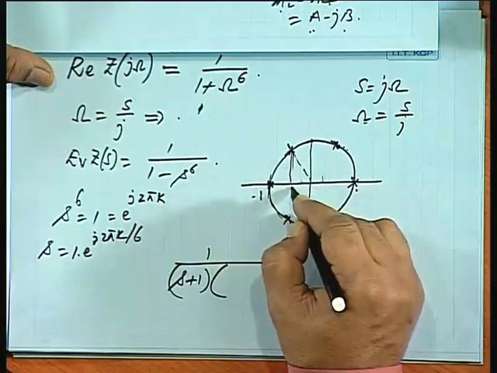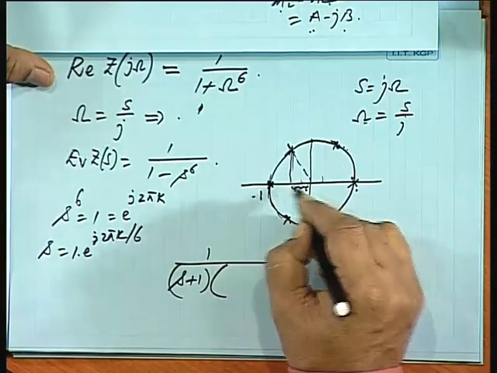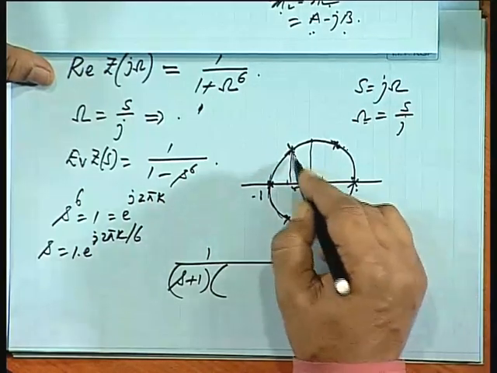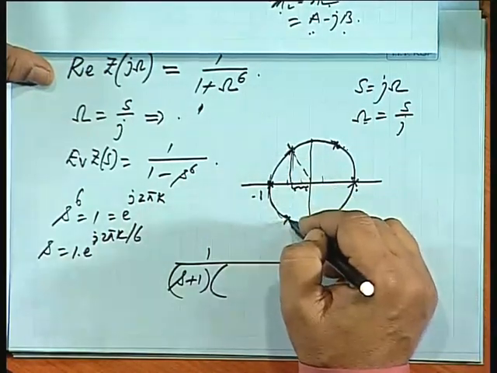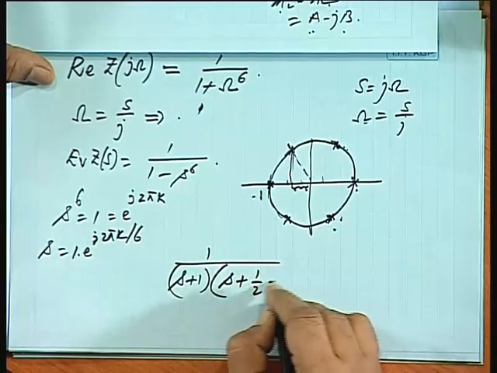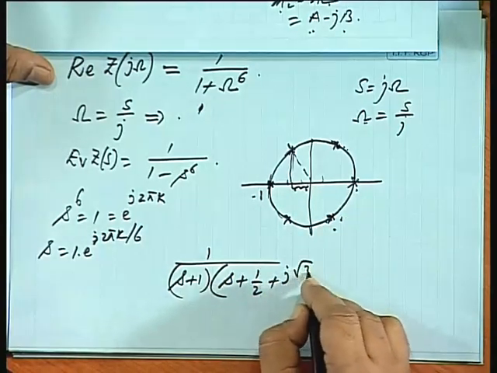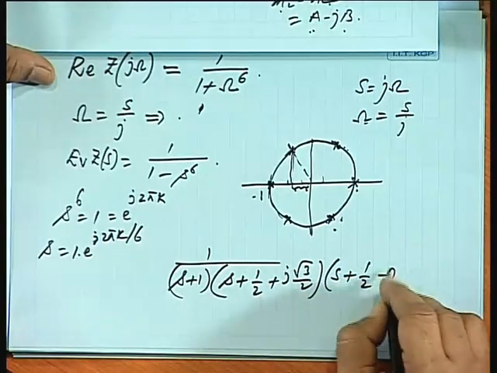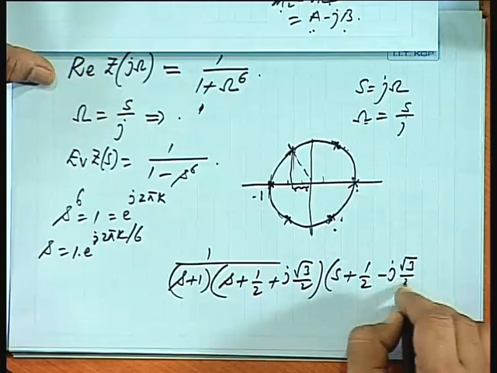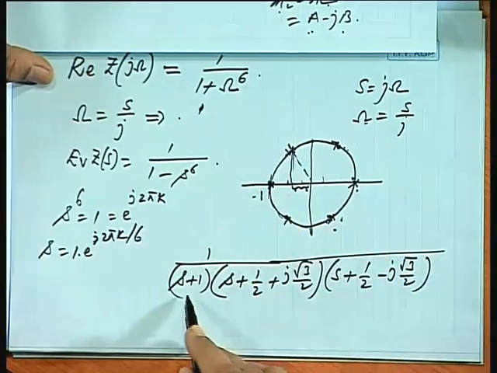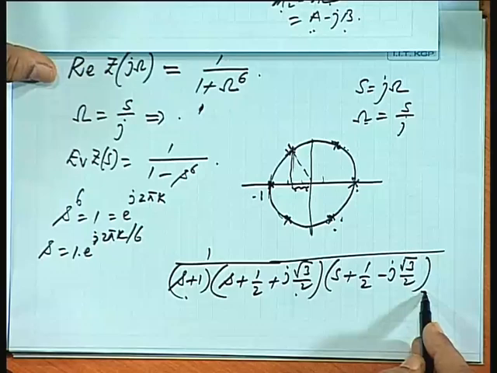So, cos 60 is half, this is minus 0.5 plus j root 3 by 2, and minus 0.5 minus j root 3 by 2. So, it will be s plus half plus j root 3 by 2 into s plus half minus j root 3 by 2. Arising out of these 3 roots, the corresponding polynomial will be this.